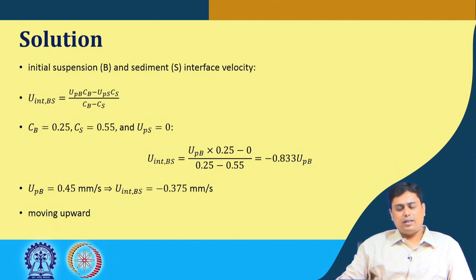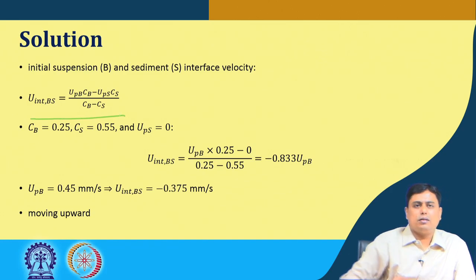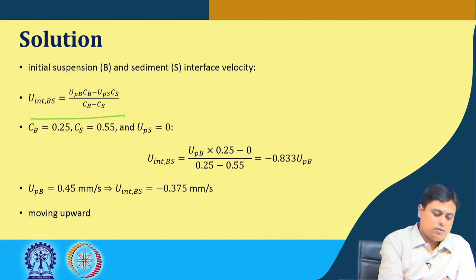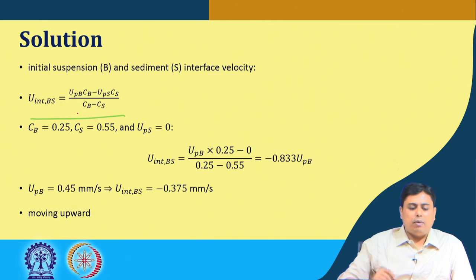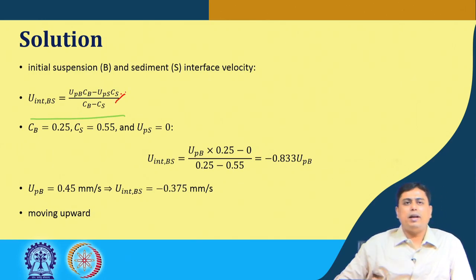The initial suspension and sedimentation interface velocity, similar to the previous one, we can write this expression. That is UPB multiplied by CB and UPS multiplied by concentration of the sediment.